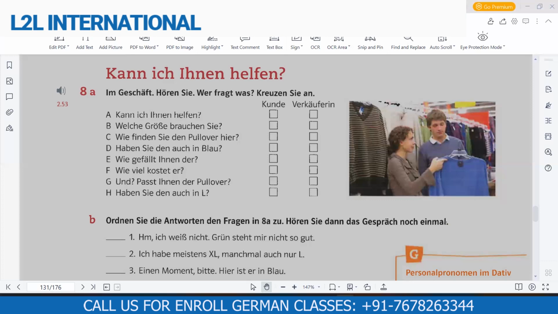Gemacht. Lesen Sie den zweiten Satz, Sana. Es ist für Kunde oder für Verkäuferin?